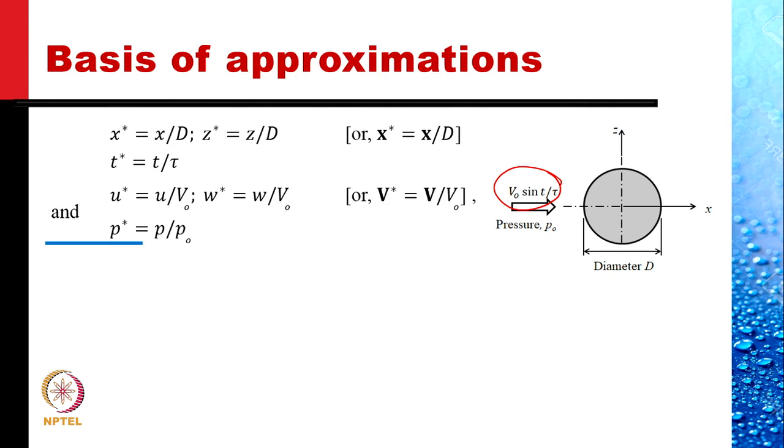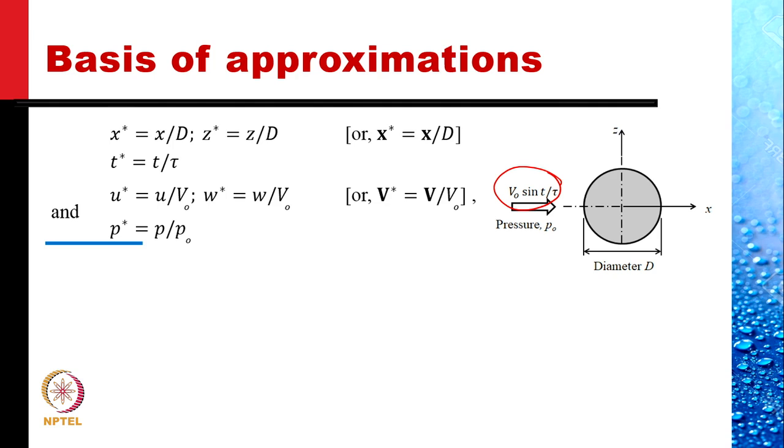Let's use d, the diameter, as the characteristic length, so that x star is x by d, z star is z by d, and we can use tau as the characteristic time, so that t star, the normalized time, is t by tau.